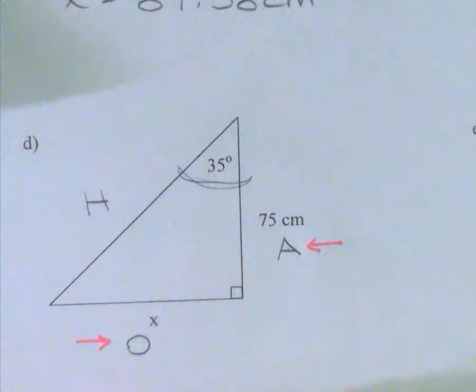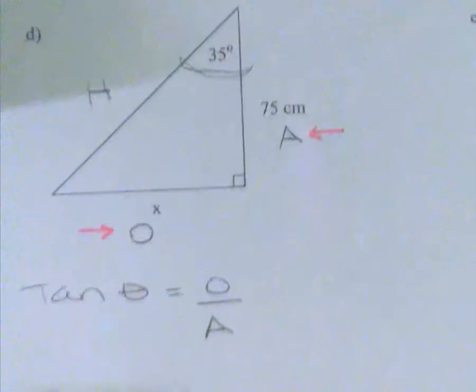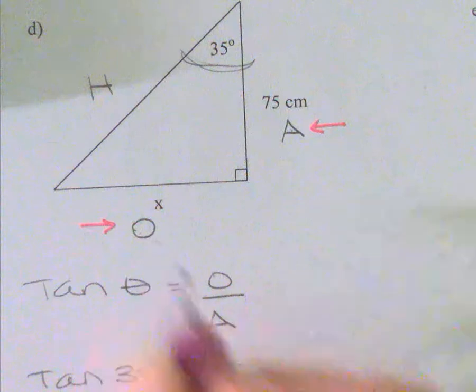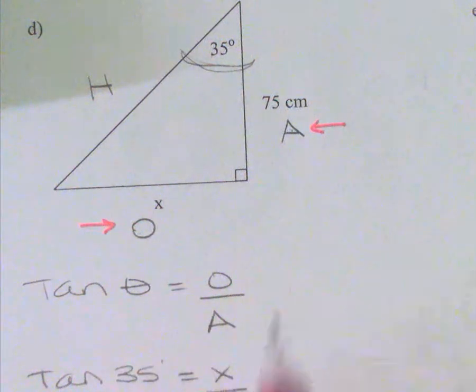So I'm going to say, well, tan theta is equal to opposite over adjacent. So I'm going to plug in tan. My angle is 35 degrees. My opposite is x. My adjacent is 75.